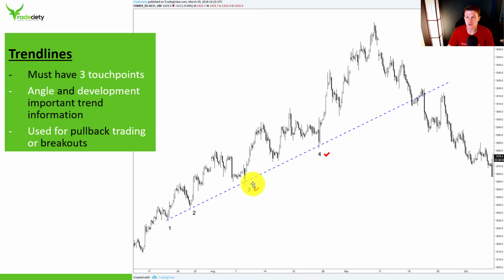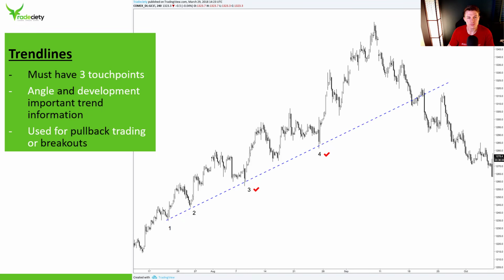And there are 2 ways traders use trend lines. First is that they look for trades with the trend lines. So in this case, once we have 1 and 2 and 3, you may look for long opportunities once the market pulls back into a trend line, or when the trend line is then broken, then you look for reversal plays. Those are then breakout trading opportunities.